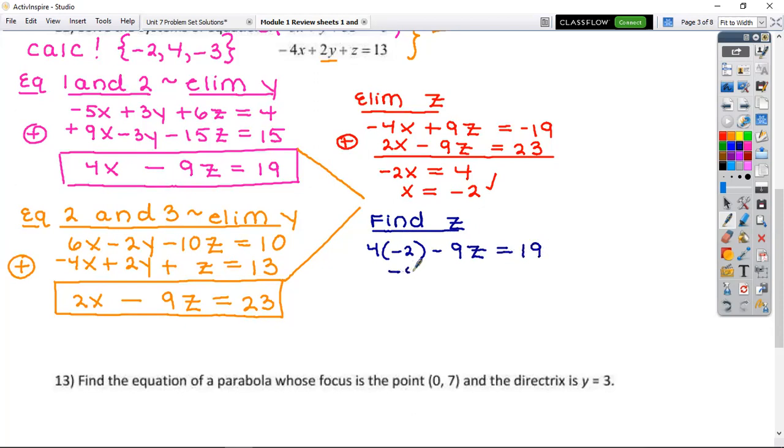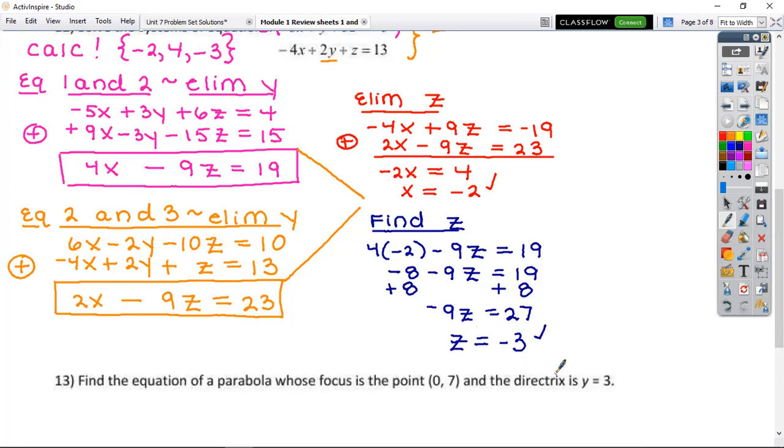So I have -8 minus 9z equal to 19, plus 8 plus 8. I have -9z equal to 27, divide by -9, and z is equal to, does that match? Yes, it does.